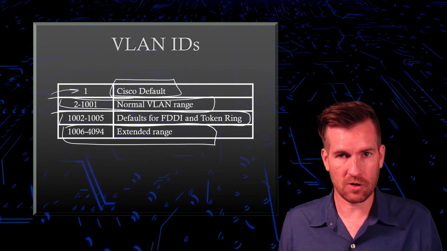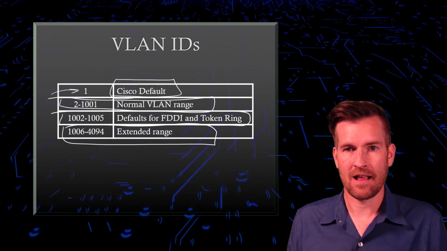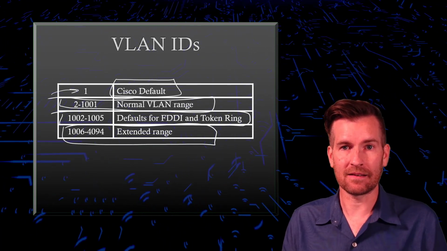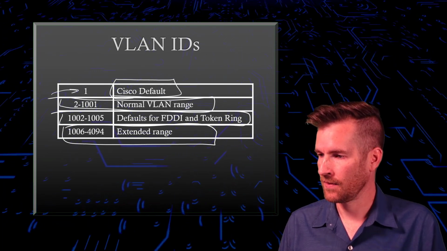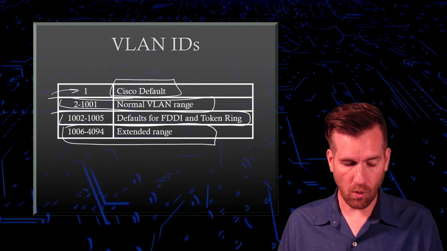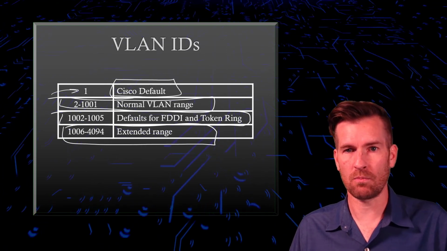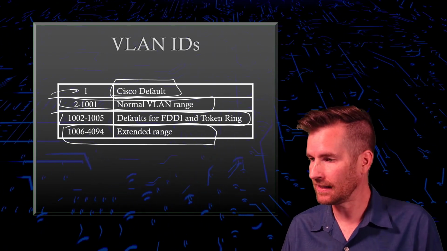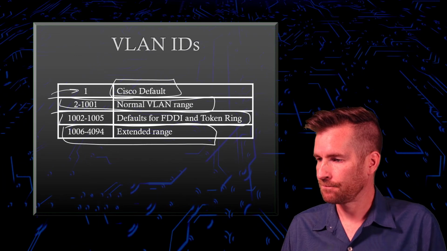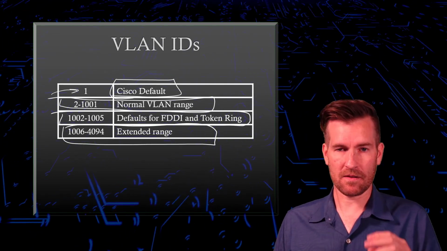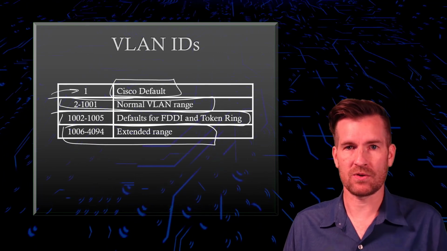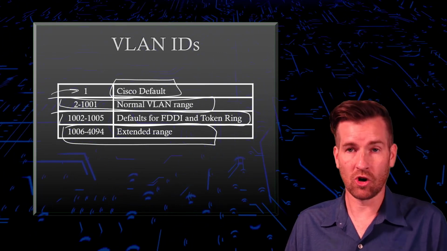Because it gets distributed out to these different devices, it remains in the running config as it gets distributed to the different devices. Not all switches support the extended range, so don't plan on seeing that on every single device that's out there. It doesn't support all of the features that the normal range does.